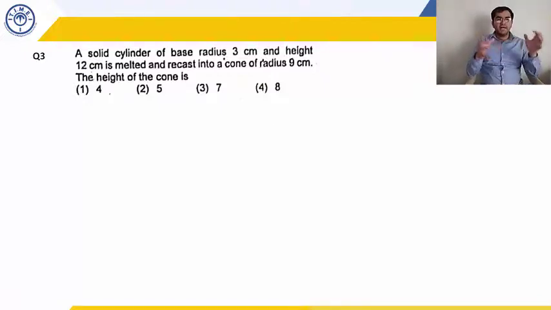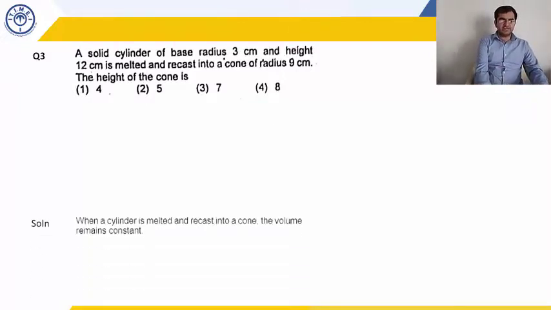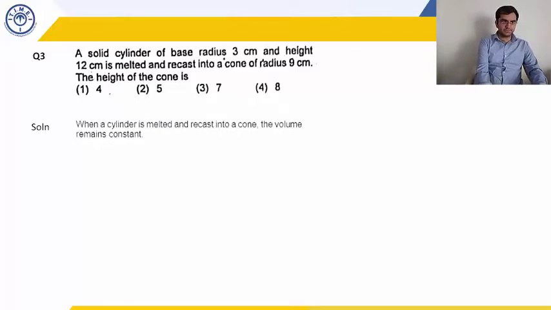Okay, let's solve. A cylinder is converted into a cone. So obviously volume remains the same. So the volume of the cylinder is equal to the volume of the cone. The volume of the cylinder is given as pi r square h.